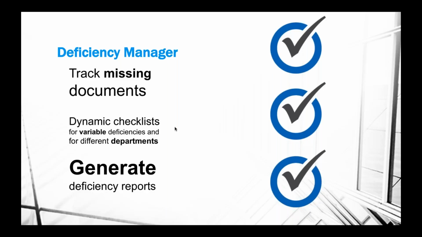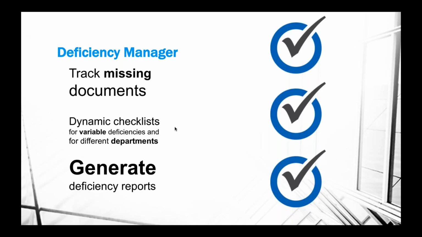In addition to that, we also added the ability to generate deficiency reports. Very simply, just like in DocuWare, you generate a result list, and many of you are probably familiar with this, I know a lot of our customers use this feature, where they want to export that result list to CSV so that they can open it in Excel or that type of thing. So same concept, except what we're doing in the Deficiency Manager is generating the deficiency list.